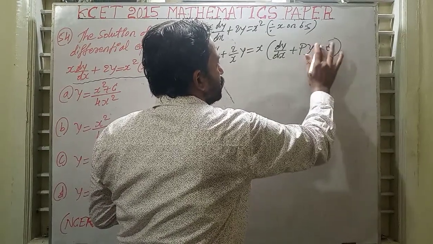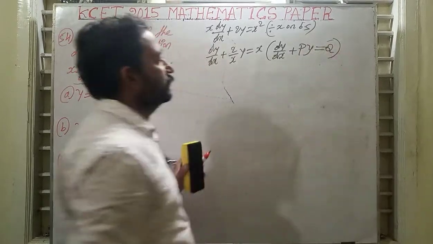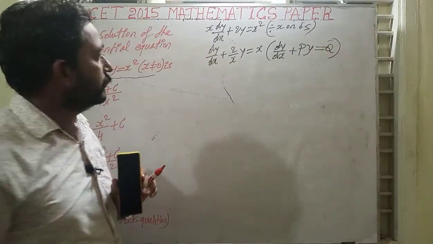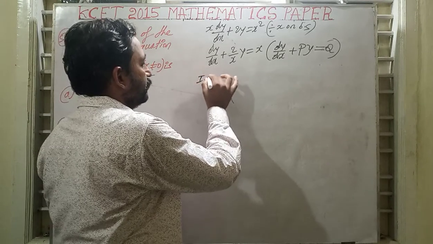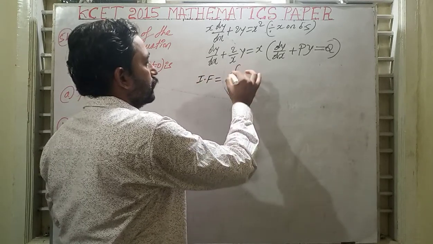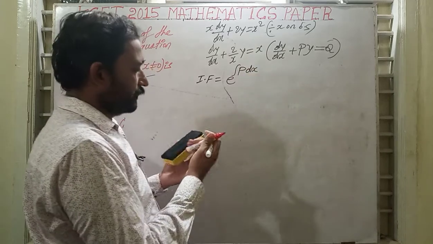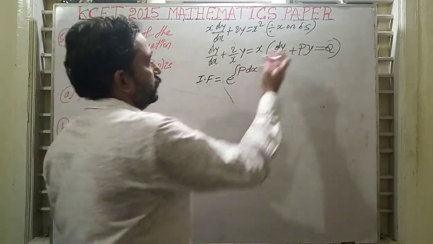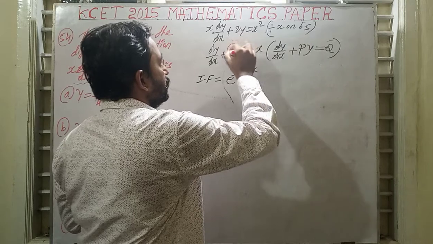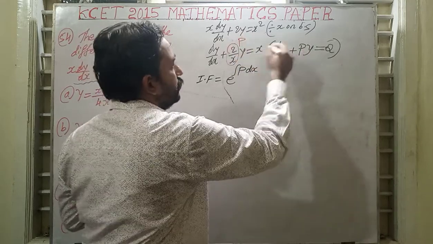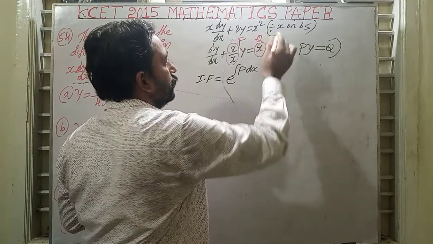So in this case we have to first find the integrating factor. Using the formula, integrating factor is equal to e to the power of integration of p with respect to x. In the place of p, what is there? This is p, and this is q.